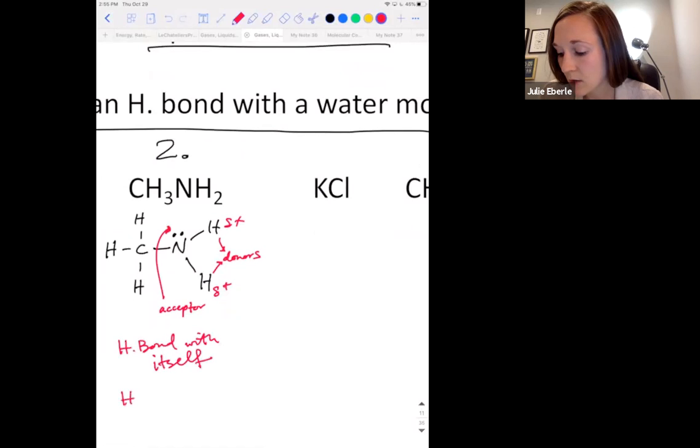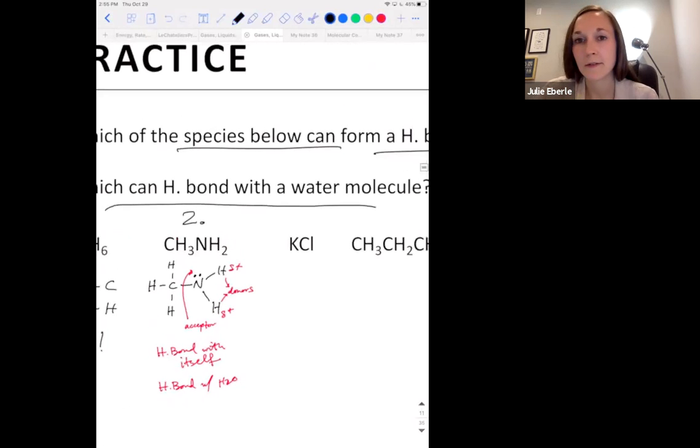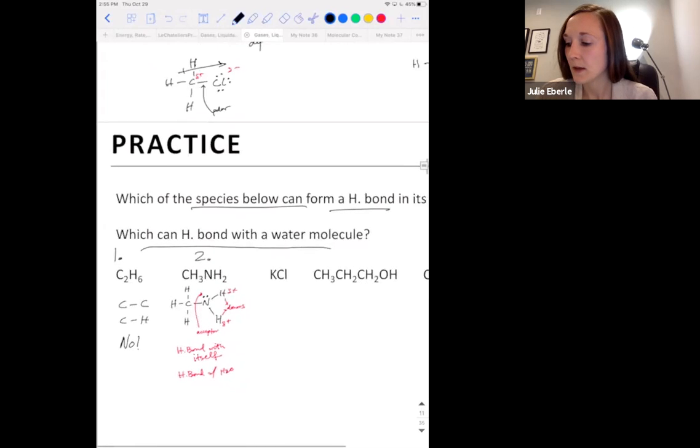And it can also H bond with water. Any questions there? Okay.